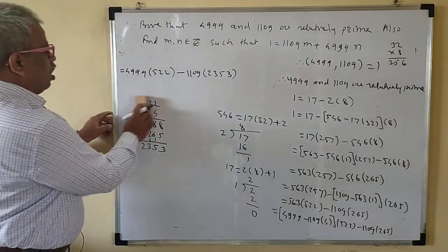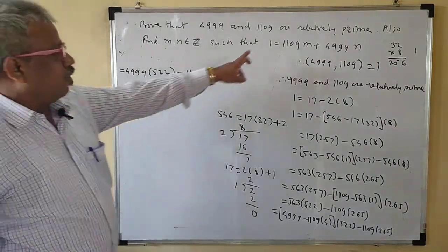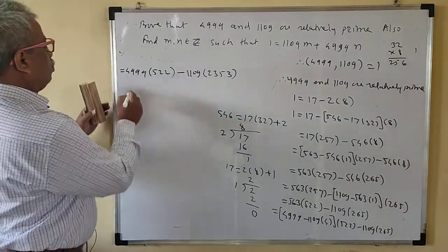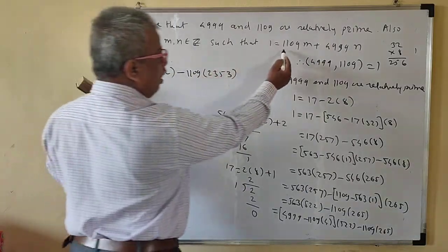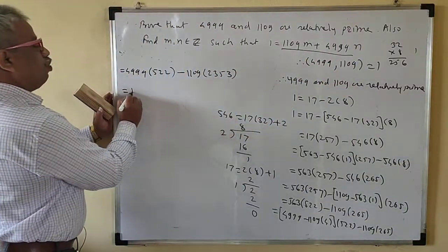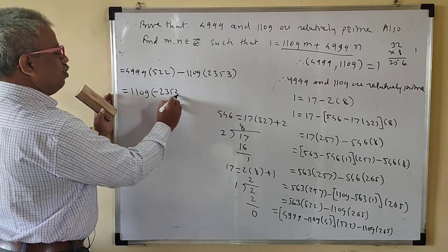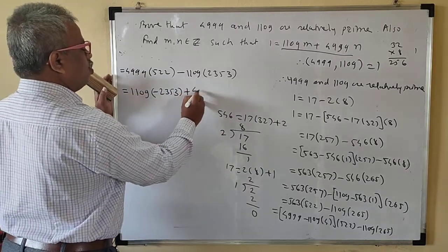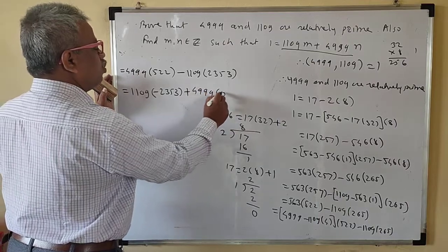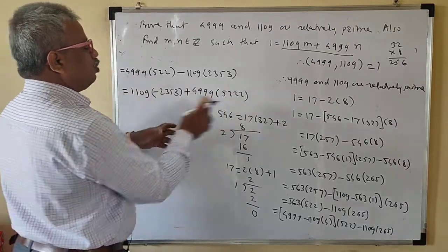Okay. So now here what? 1 is equal to 1011. Okay, so I have to write this in this form. So 1109 into minus 2353 plus 4999 into 522.